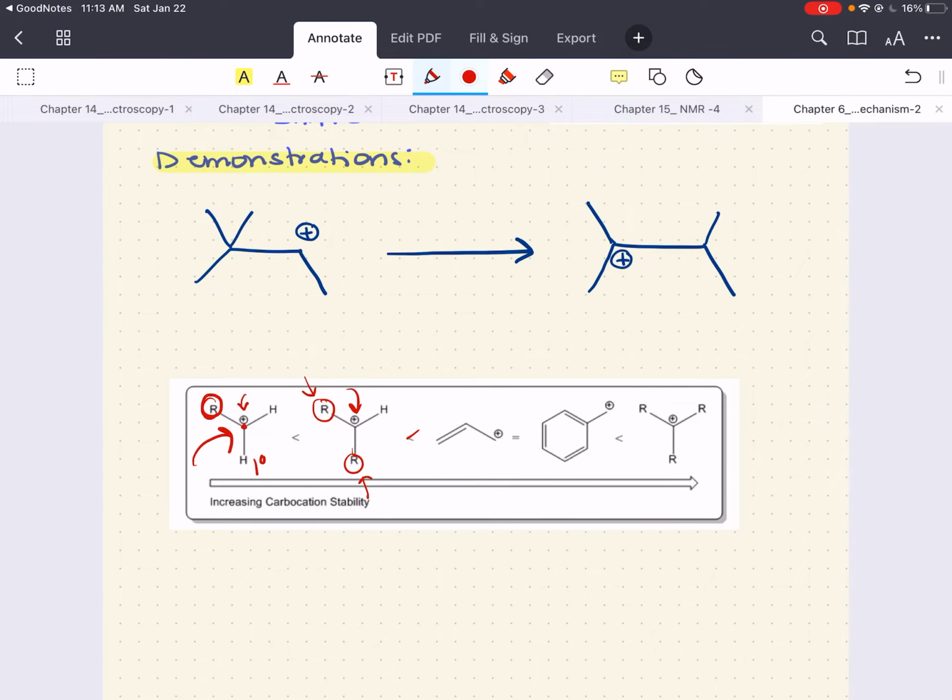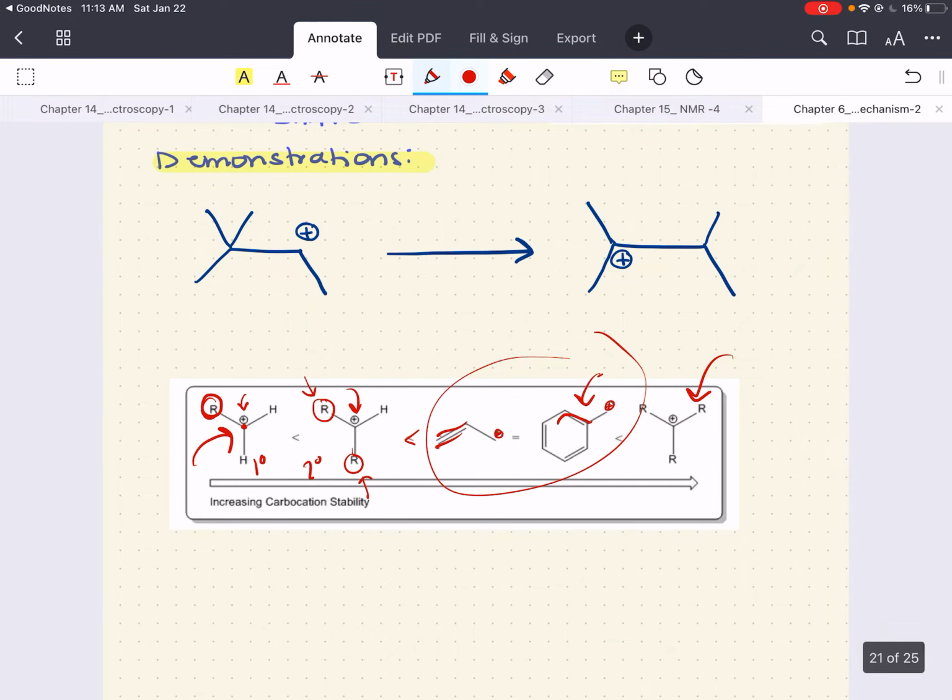That's even less stable than a benzylic carbocation, where you have a positive charge next to a ring or next to any double bond. And these are less stable than a tertiary carbocation.